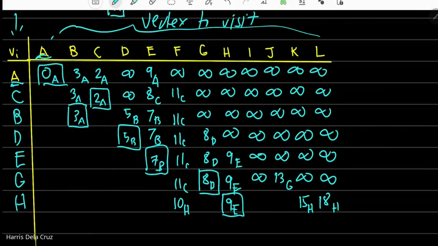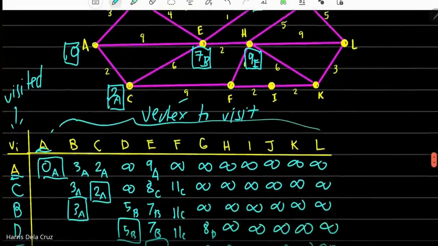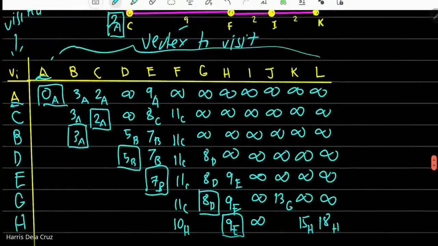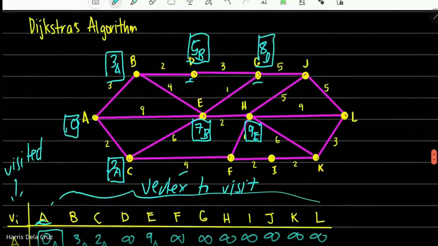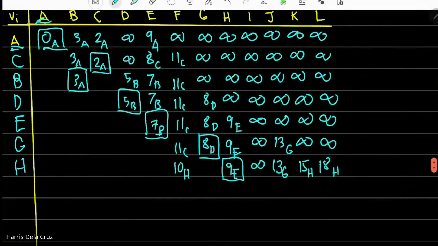Kasi mas maliit. The rest, if i-fix, kakopy mo lang yung label niya. Unreachable yung I. Tapos, yung J, reachable, pero mas malaki, kaya hindi natin pinalitan. So, 13. G. Okay? Then, choose the smallest value. 10H. So, 10H is now fixed.